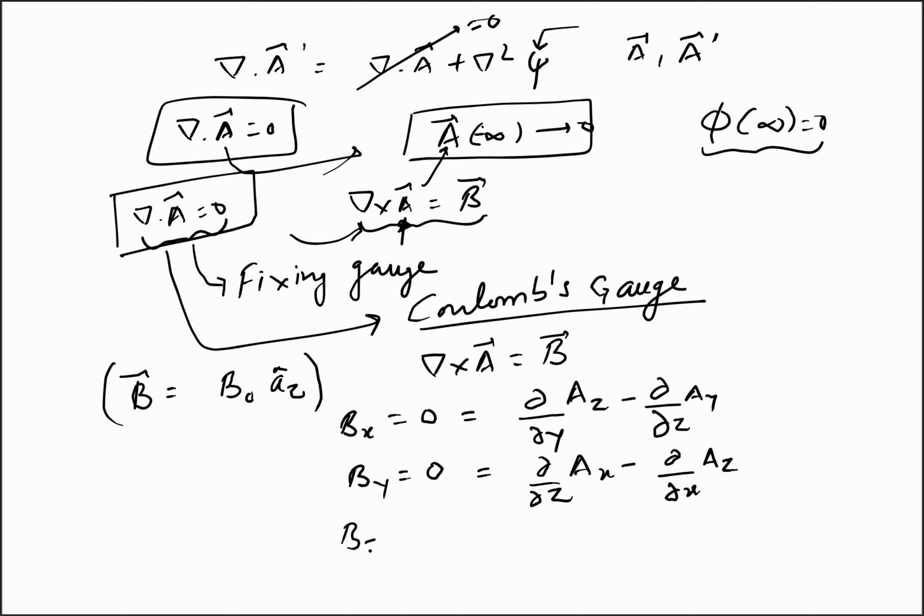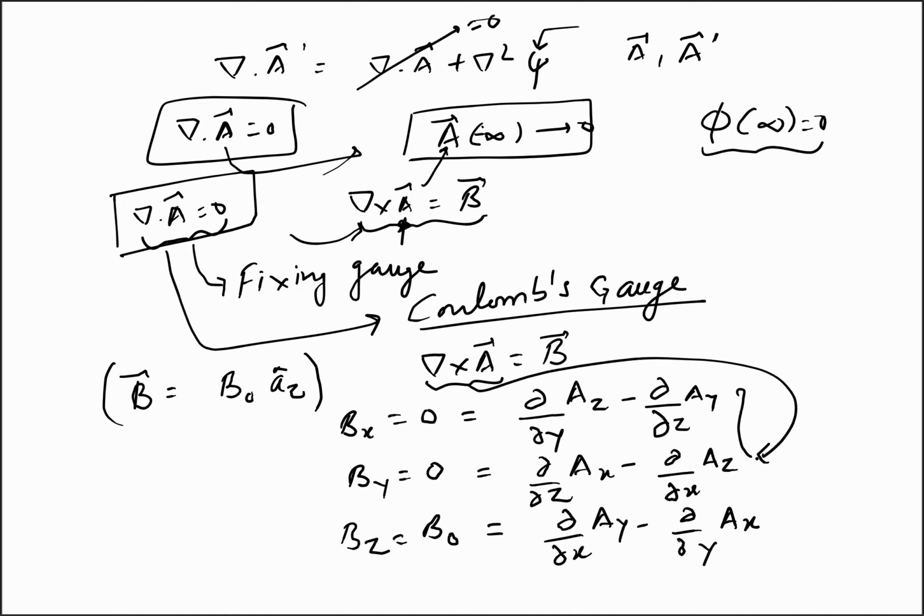And Bz, the z component, is equal to B naught, which is equal to dou by dou x of Ay minus dou by dou y of Ax. This is the curl of A expressed in its component form.